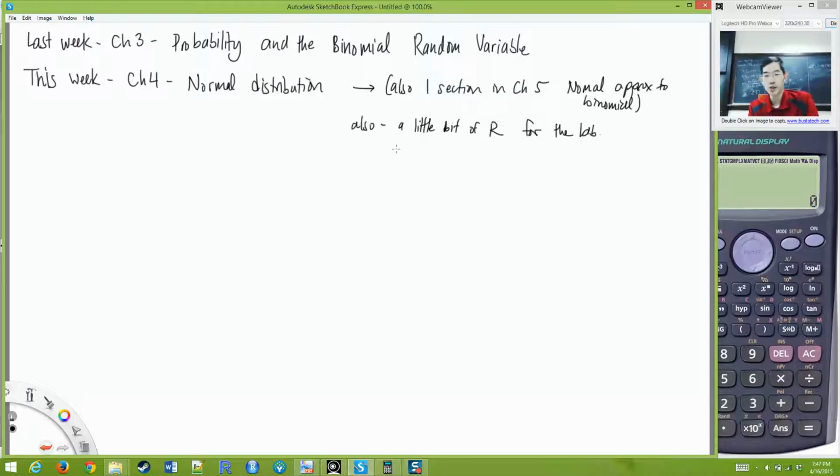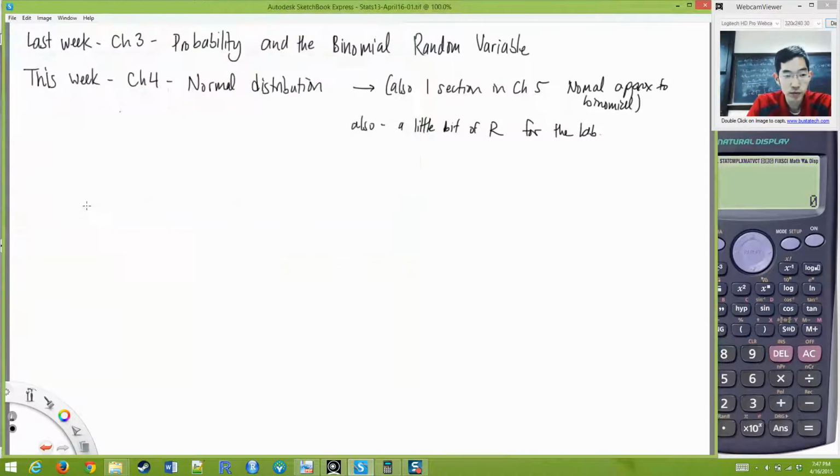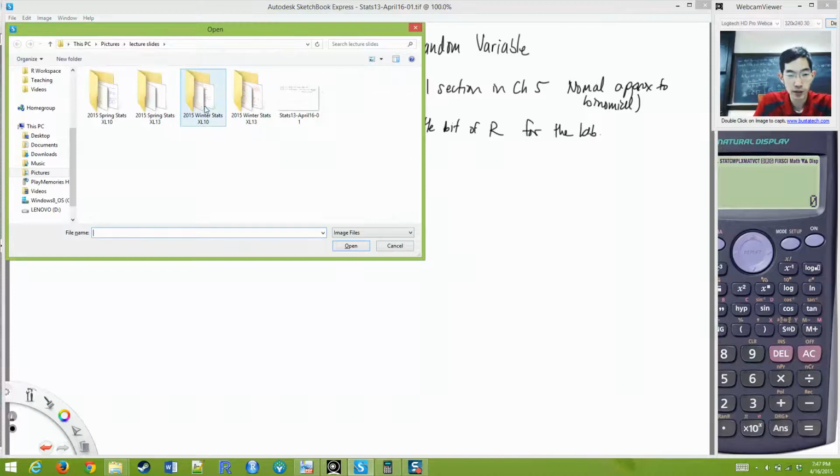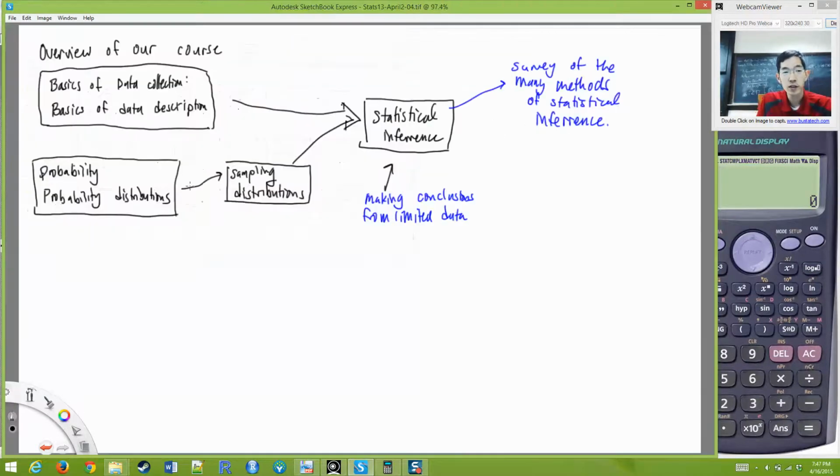Okay. So again, if you think back to the beginning of our course, on the first day of class, I said we learned about the basics of data description and data collection, and then today we're still in this section on probability distributions.